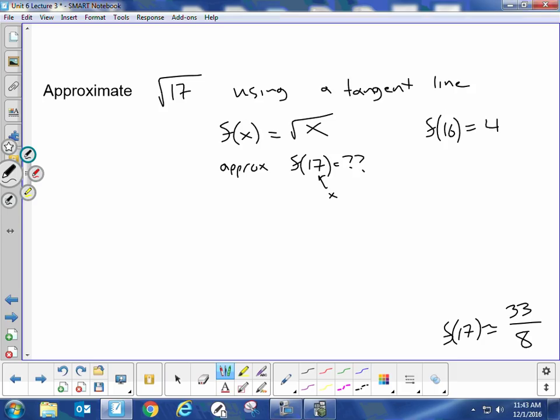The answer you will get will be 33/8 or 4 1/8. See if you can get that.